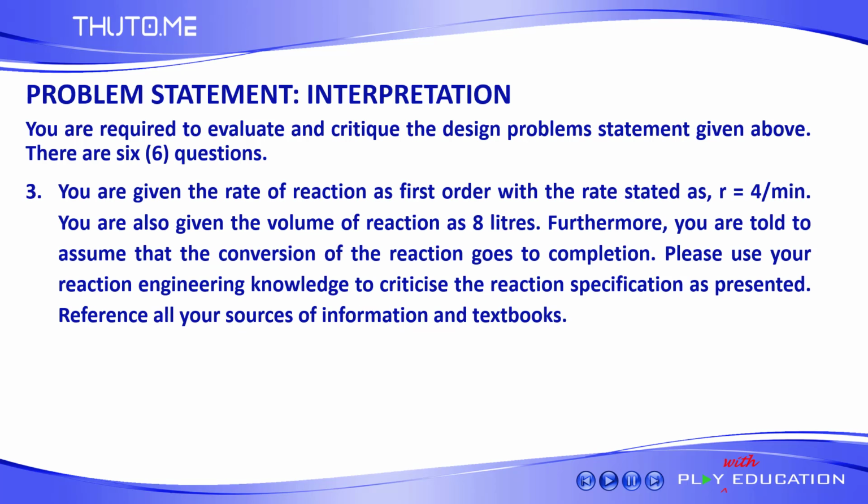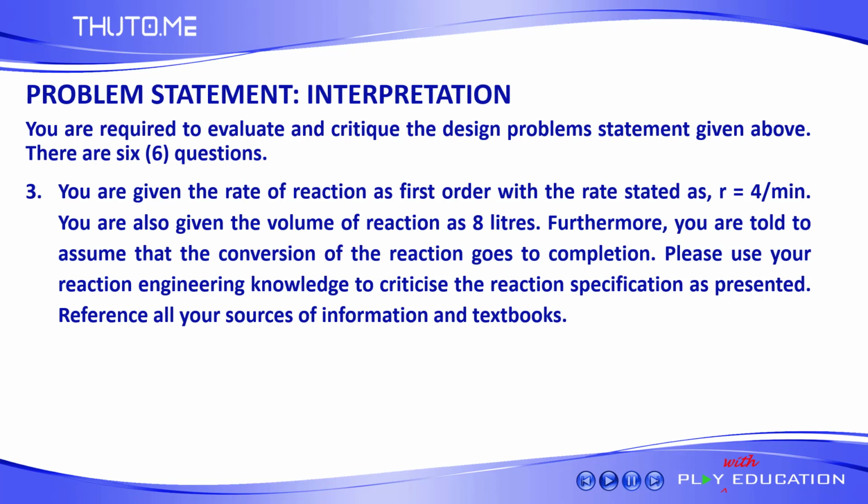Moving on to the third question, you are asked to criticize the given reaction rate and reactor specifications. You have been given the rate of reaction as a first-order rate of 4 per minute. Does this reaction look like a first-order reaction? From your knowledge of reaction engineering, what order is this reaction likely to be with respect to each reactant?